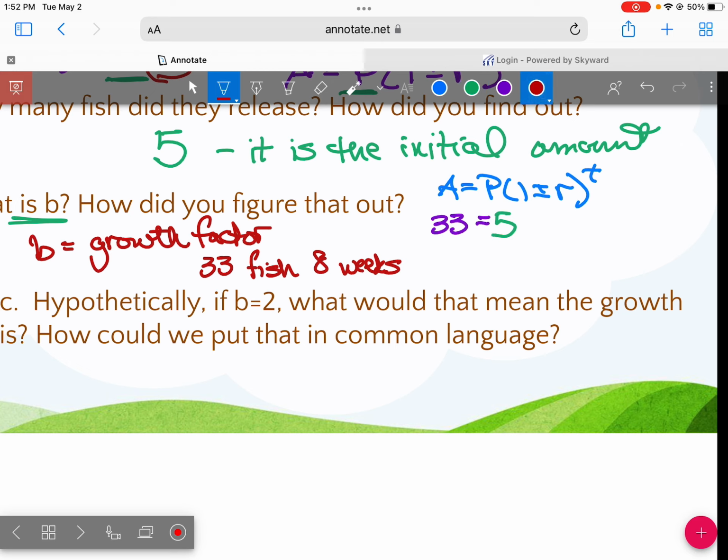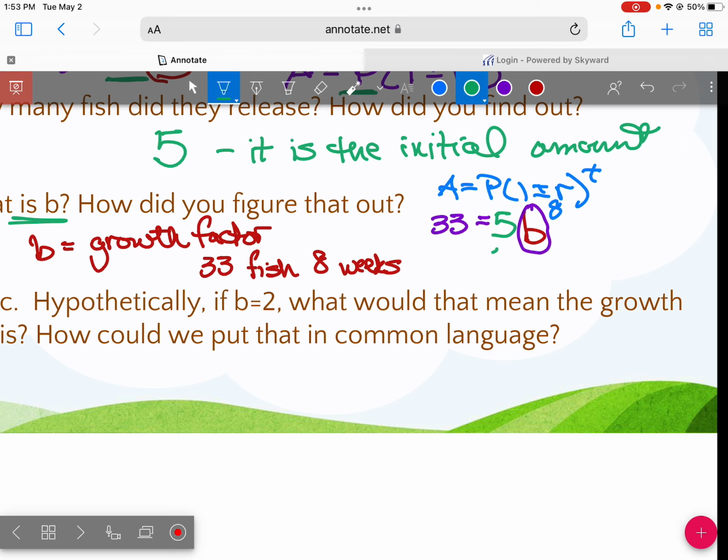And then we've got this B. We don't know what B is, but it's to the T power. And T is time. How much time has gone by? 8 weeks. So that is to the 8th power. We need to solve for B. So if I want to solve for B, what do I need to do?